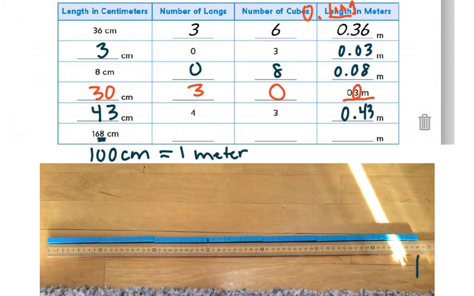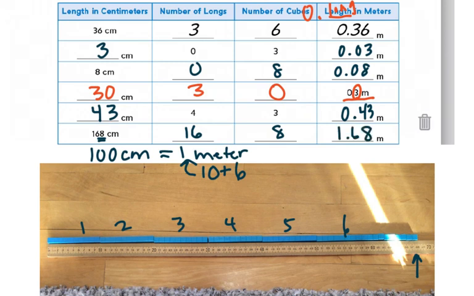I know it's a little hard to read with the sunshine coming in on my picture, but what that tells me is I had at least 10 longs to make the 1 meter plus 1, 2, 3, 4, 5, 6 more, and these are all cubes starting at the end here. So I have 16 longs, 10 plus 6 more, and then I have 8 cubes, which equals 1 whole meter plus 68 hundredths of the next one.